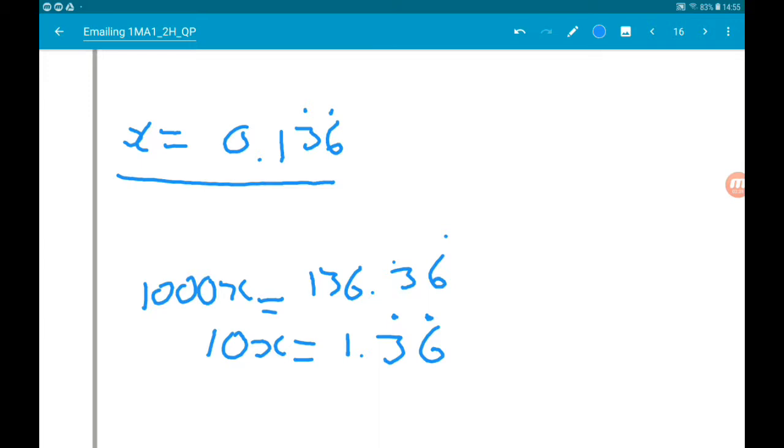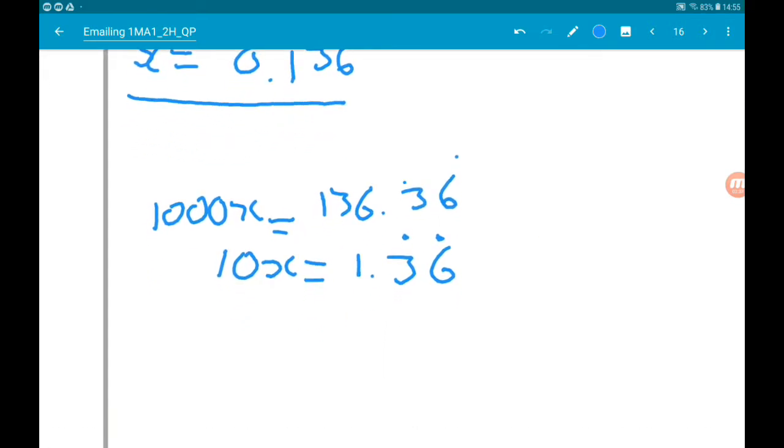Now the reason for doing that is we can now lop off the decimals using subtraction. So 1000x minus 10x is 990x. And 136.36 recurring minus 1.36 recurring is 135.